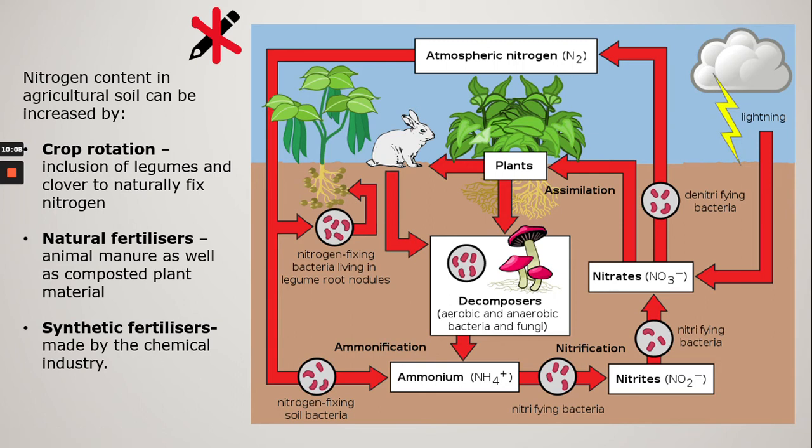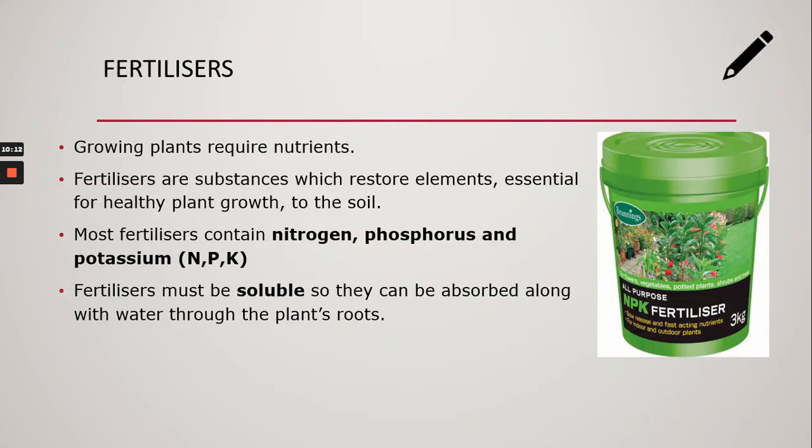I'm quite conscious I haven't actually given a definition of fertilisers yet, but I think we've got it on the next slide. Okay, so this is a summary of what you need to know about fertilisers. We need to know that growing plants requires nutrients, and this is our definition. Fertilisers are substances which restore elements essential for plant growth to the soil.